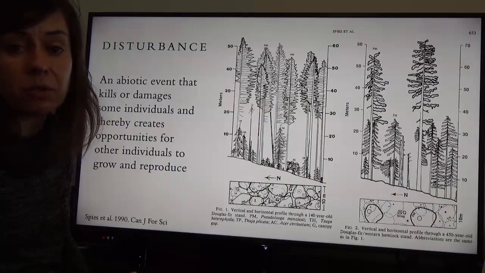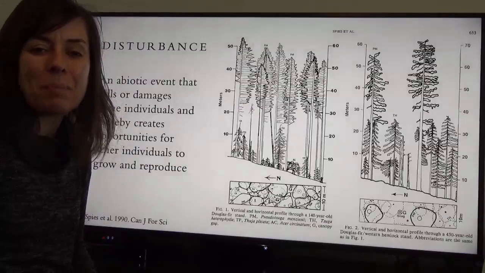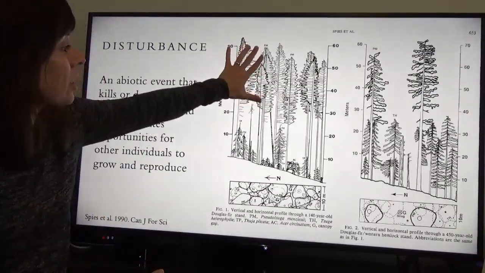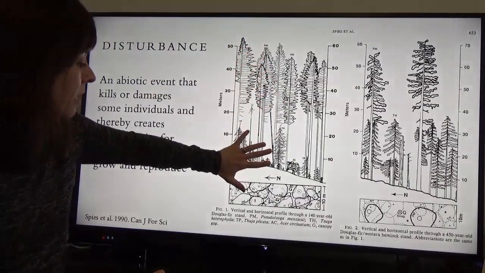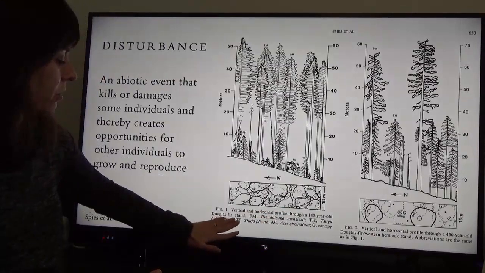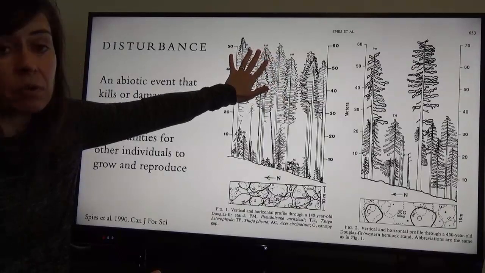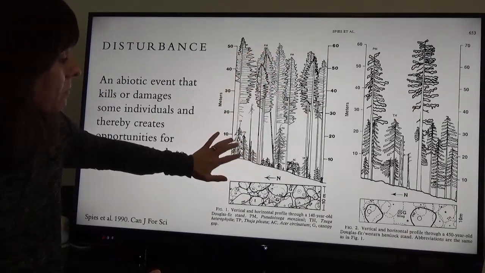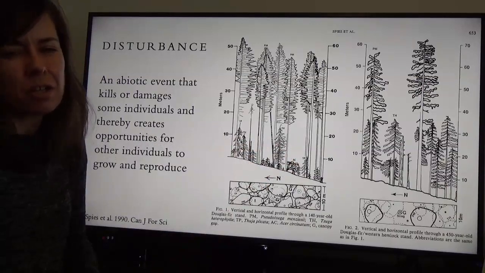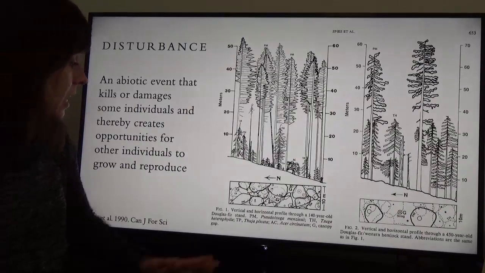This is from the Pacific Northwest, so not too far from those coastal S. balanoides populations, the forest just inland from them, and we have here a map of the vertical and horizontal profile through a 140-year-old Douglas fir stand. So all of these PMs are Pseudotsuga menziesii or Douglas fir, and then we have different species that are here in the understory, kind of just sitting there, not doing really all that much, not doing necessarily very well.